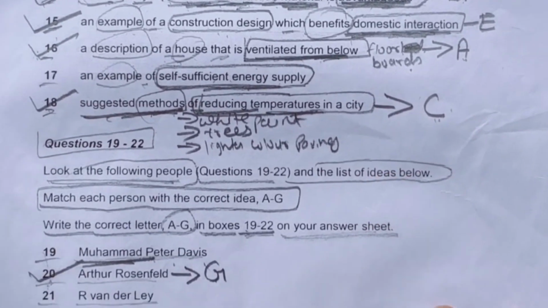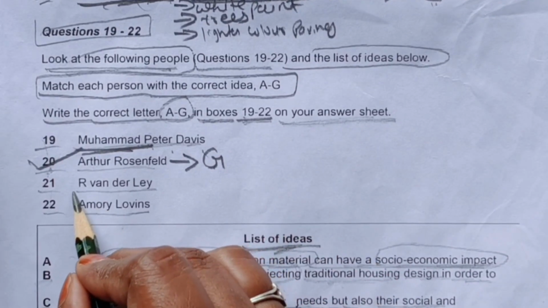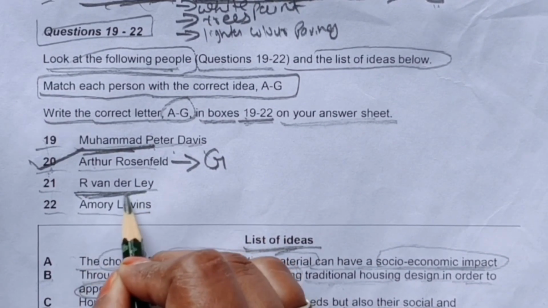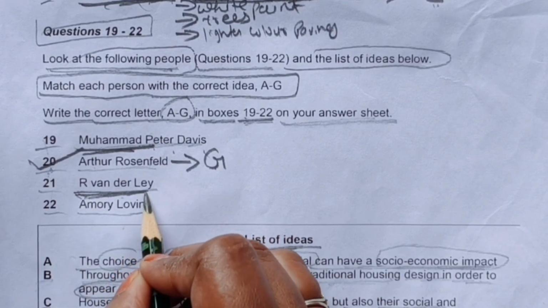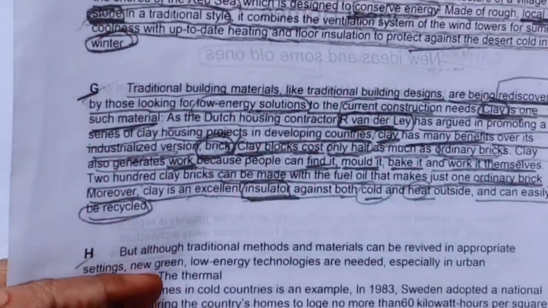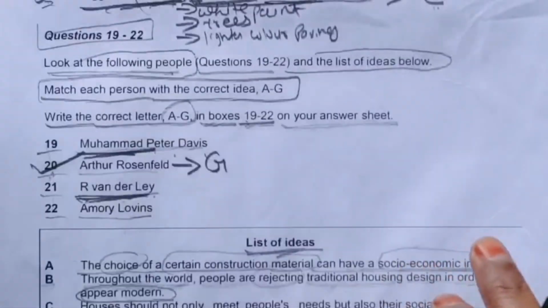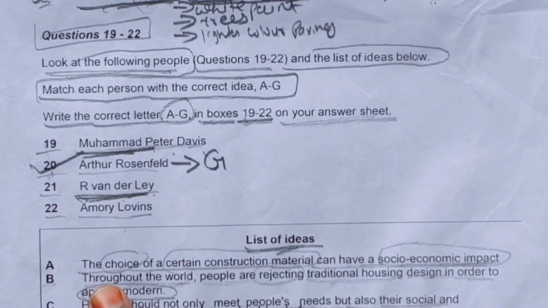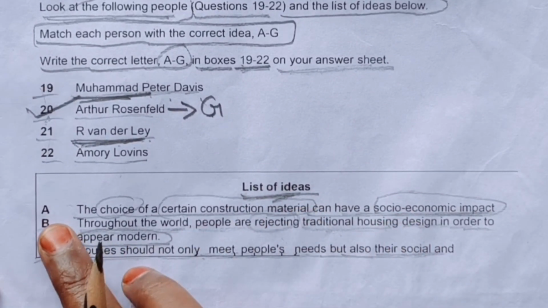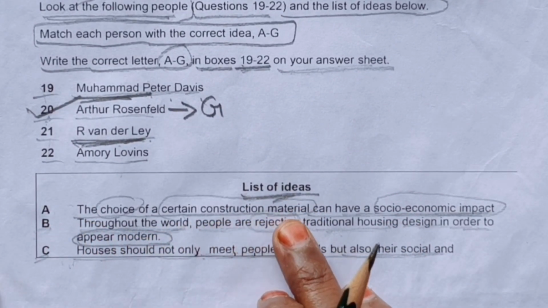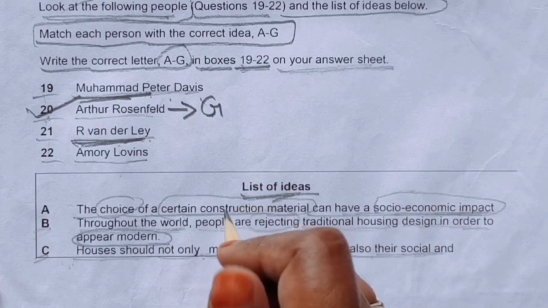Okay, so let's see another question type. In this paragraph we have seen this keyword, R. Vanderlei. So we have seen the same keyword here. Let's see whether we are getting the answer or not. So let's see the list of ideas. A: the choice of a certain construction material can have a socio-economic impact.